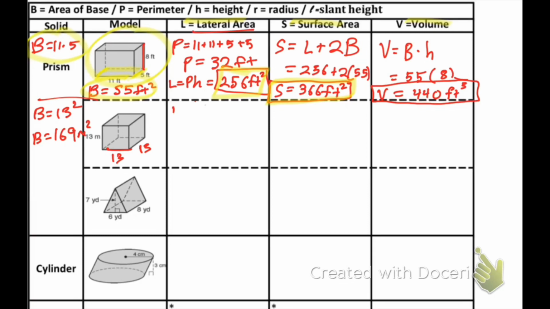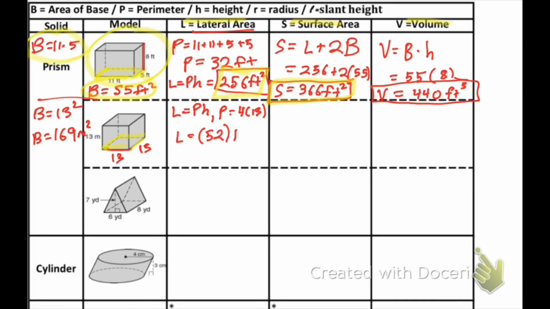Now solve for the lateral area. Lateral area is equal to the perimeter times the height. Well, what's the perimeter? Well, I have 13 plus 13 plus 13 plus 13, or 4 times 13. Well, that gives me, 4 times 13 gives me 52.